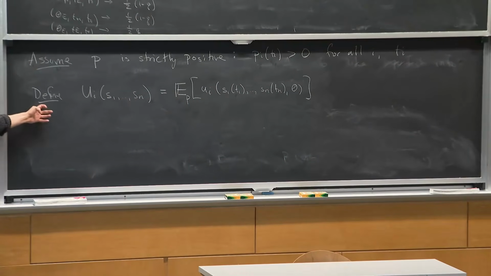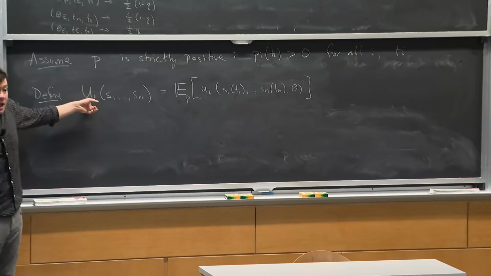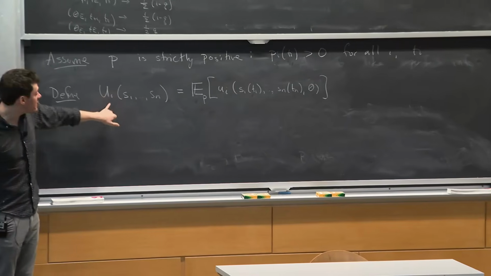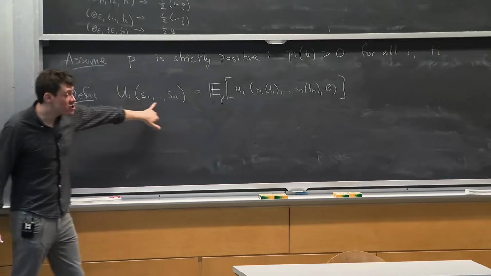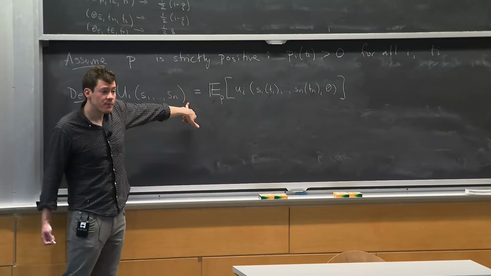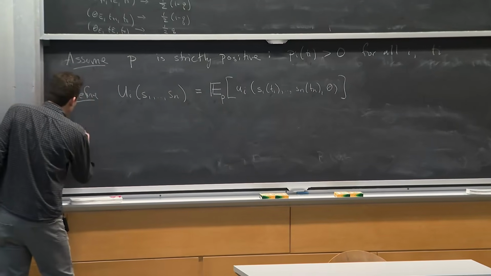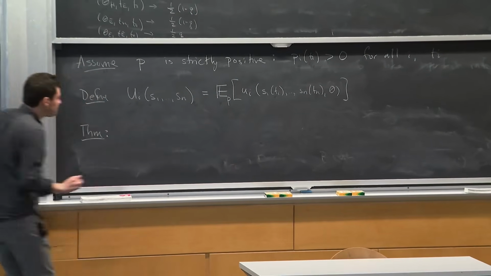So now, once we've defined this, we have a classic strategic form game. We can say what is the expected utility of each player i as a function of the strategies that are used. And now we have a theorem. I mean, it's a pretty basic theorem.